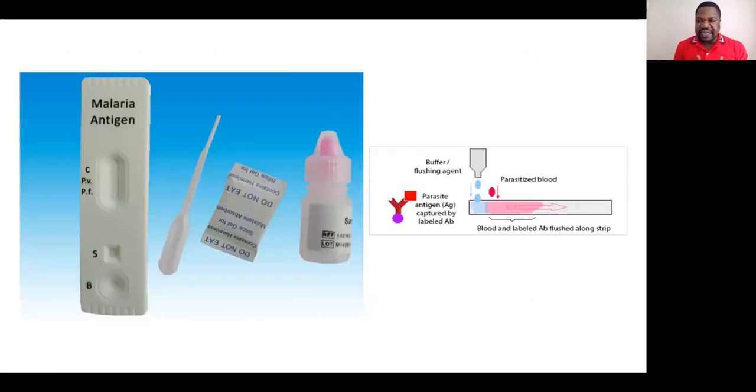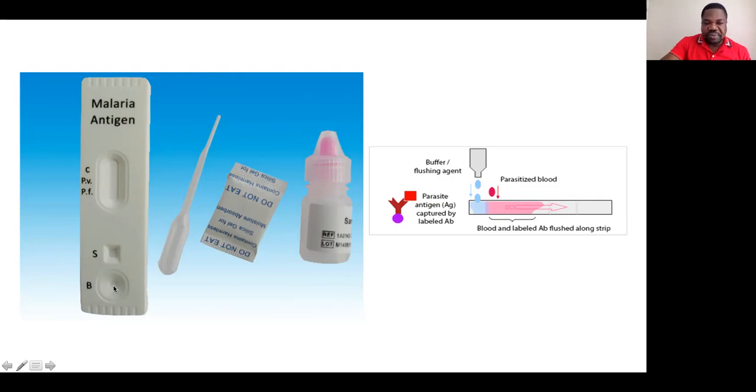So this is how the malaria antigen kit looks. You can see here, this is the B, the hole for the blood. That's where you put the drop of blood. Then this is the B for the buffer, and you also have this small bottle that has the buffer. But before you add the buffer, you put the specimen here. S is the specimen, where you put the drop of your blood specimen.